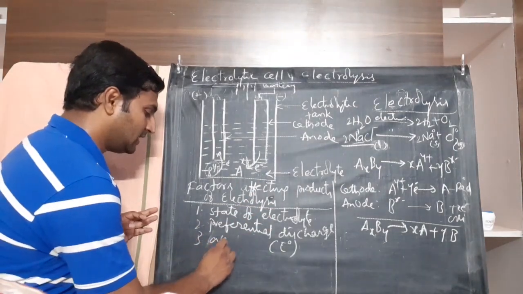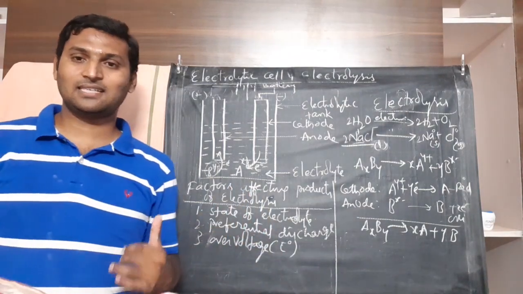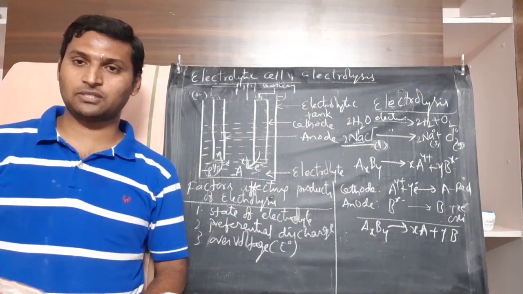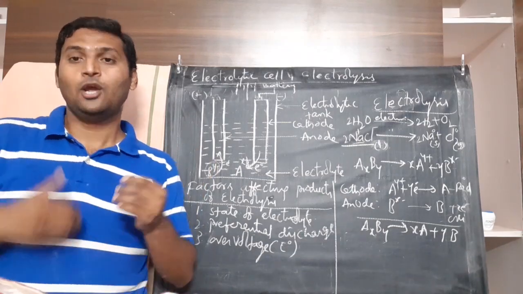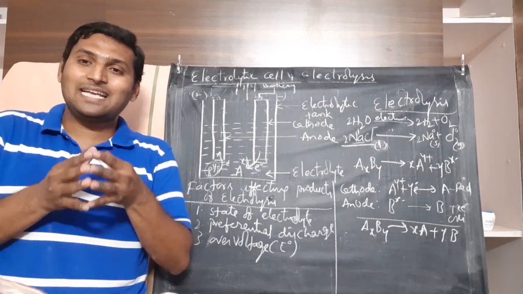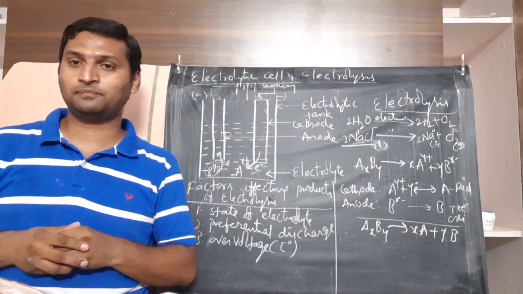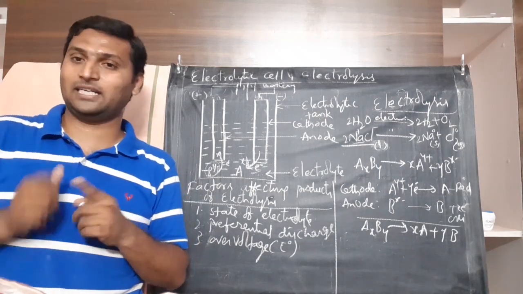Third parameter is overvoltage. This is rare case, not every time. We have 1 or 2 examples based on this. Overvoltage means sometimes certain species, whether undergoing reduction or undergoing oxidation, may be kinetically slow for the process to occur. When they are kinetically slow, they would need extra voltage.